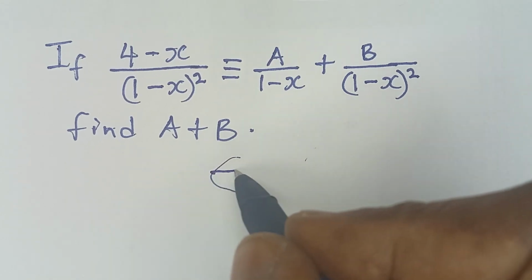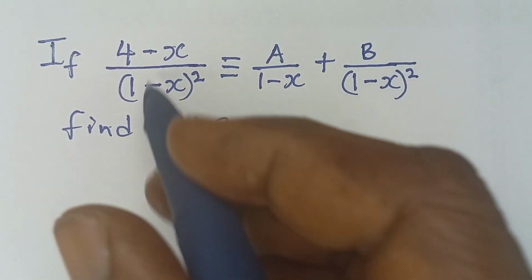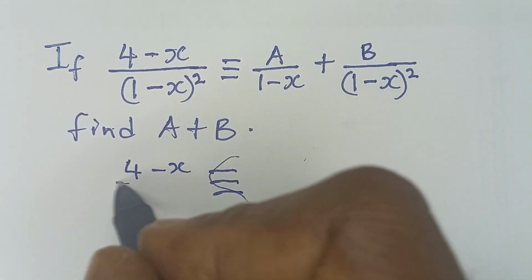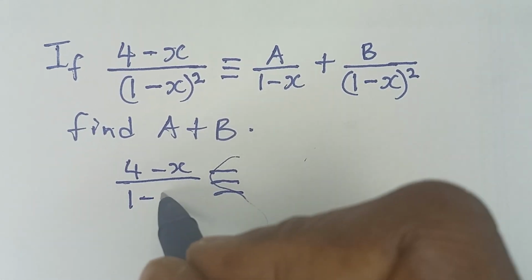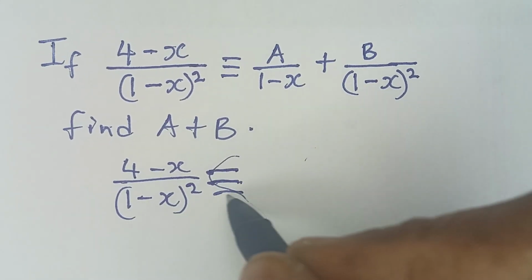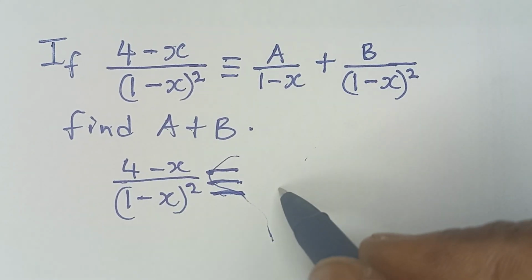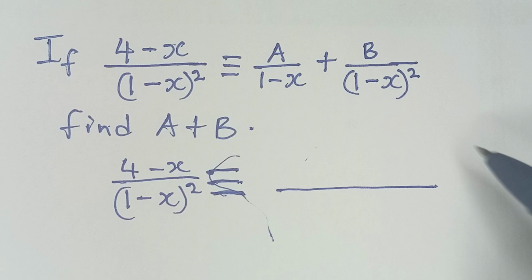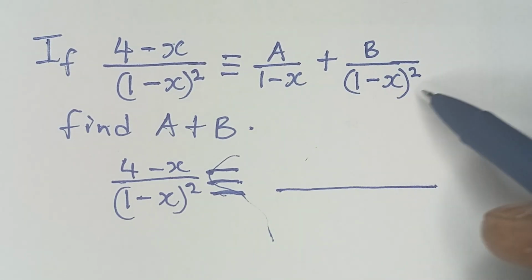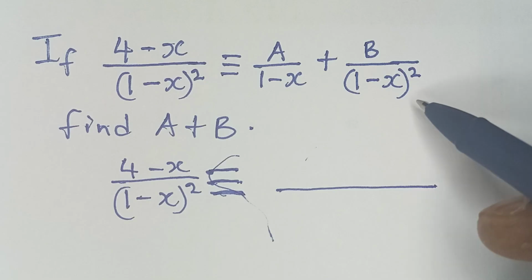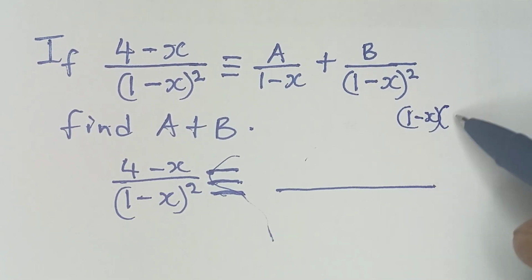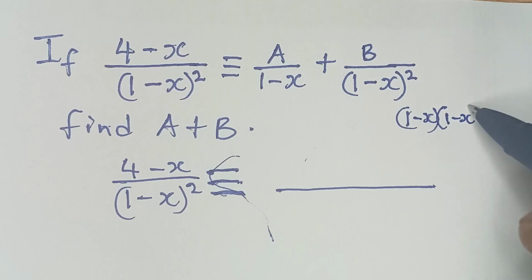So let me write this left-hand side, that is (4 minus x) all over (1 minus x) all squared, is equivalent to... now, the LCM or the common denominator of this, don't forget, this one is like 1 minus x multiplied by itself, 1 minus x.